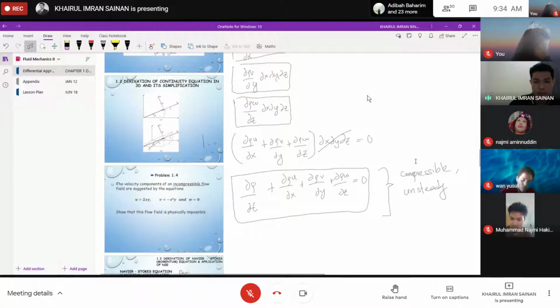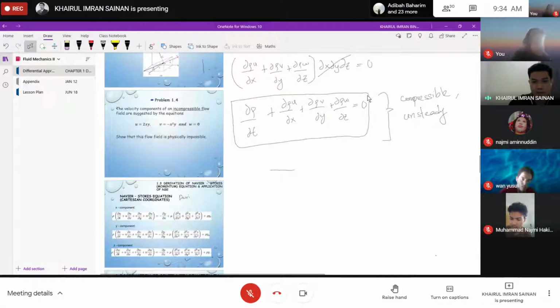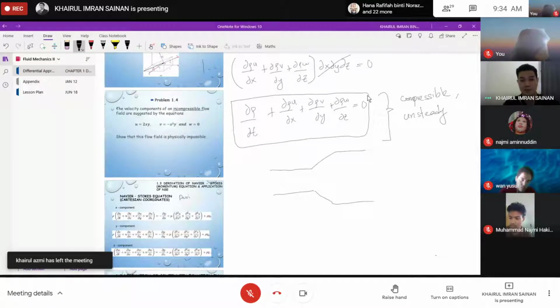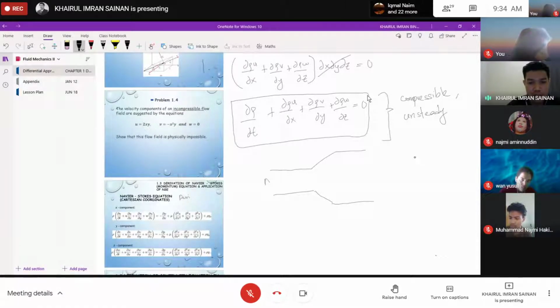But for example, let's use the example just now. Two piping systems, one small, one larger, and the velocity at A, VA, is 2 meters per second, and at B, since this is larger, perhaps it becomes slower, 4 meters per second, right?